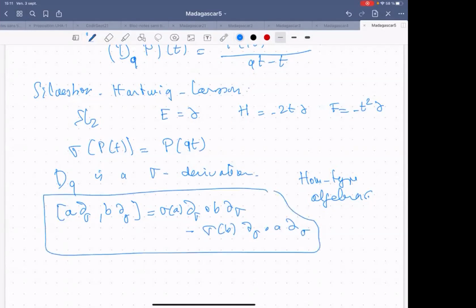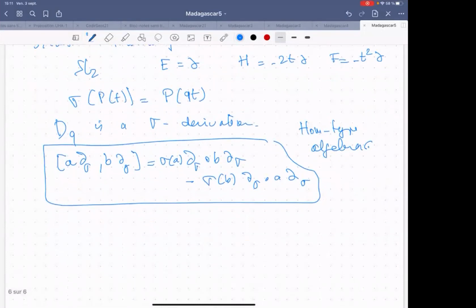And the question now is, when you start with, for example, SL2, as I mentioned already, and you take this quantum derivation or Jackson derivation, then you are taking a quantum deformation of this SL2. The question is whether this commutator defines again a Lie algebra, as is obtained for the usual derivation.